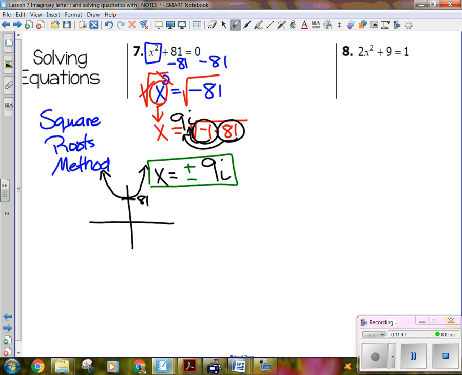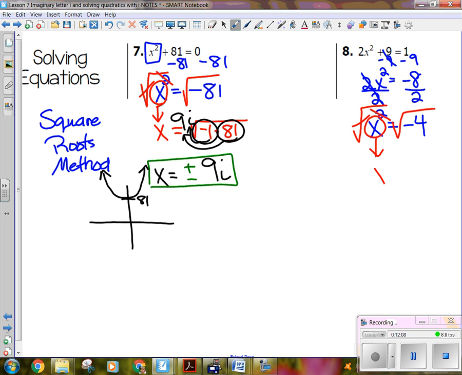Okay, number 8. First thing I'm going to do is subtract 9 from both sides. I have 2x squared remaining equal to negative 8. To get x squared by itself, I'm going to divide out the 2. x squared is equal to negative 4. Take the square roots of both sides. That allows me to get my x back.